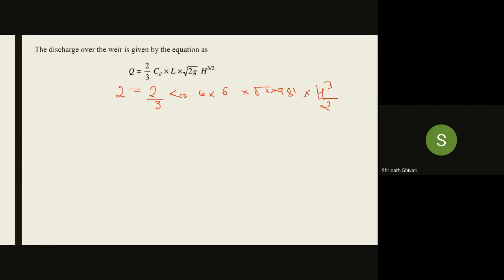Anyone got the answer? It's an easy one. Sir, 0.33. H raised to 3 by 2, not H cube by 2.